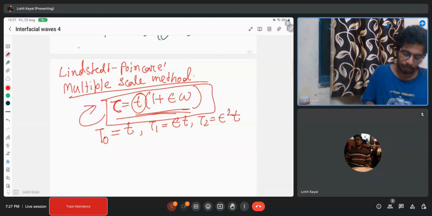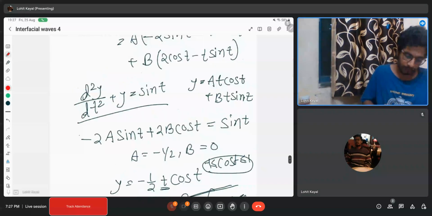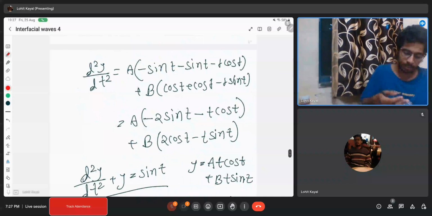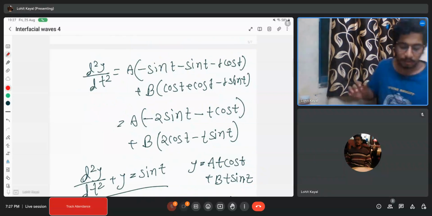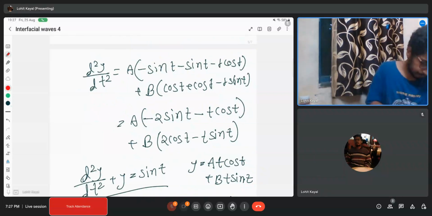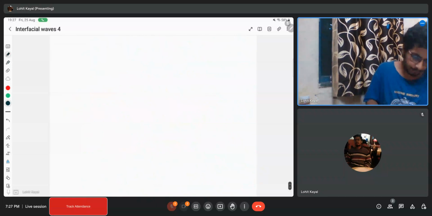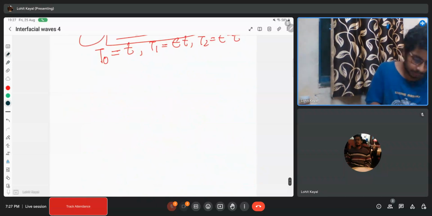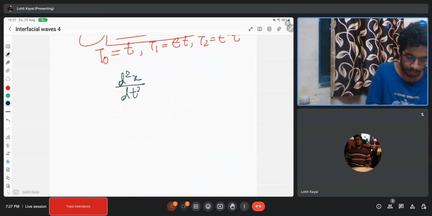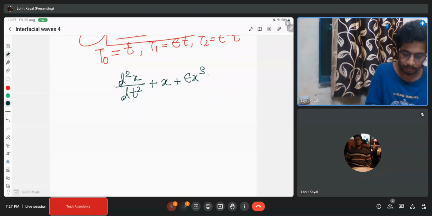Now we can solve it. Now suppose in this equation, if we solve it using this Lindstedt-Poincare technique, let's see what can happen. So I will do this problem, that is d square x dt square plus x plus epsilon x cube equal to 0.